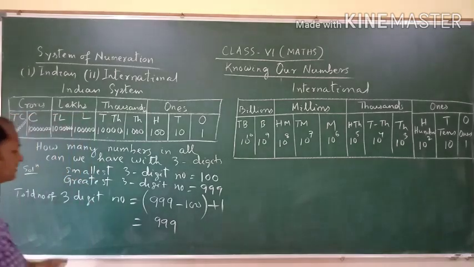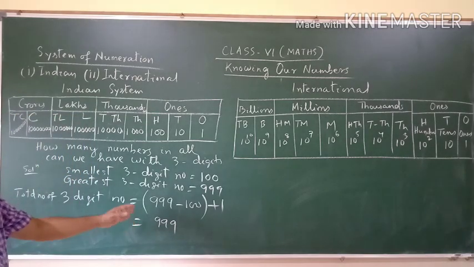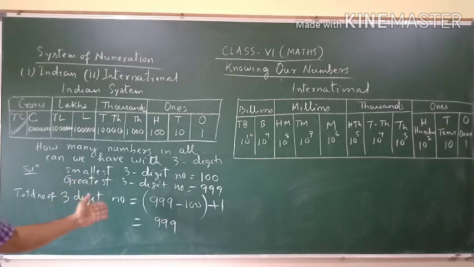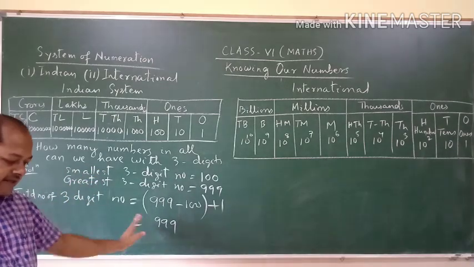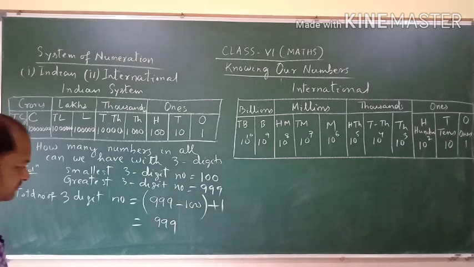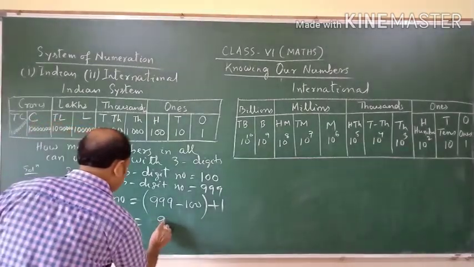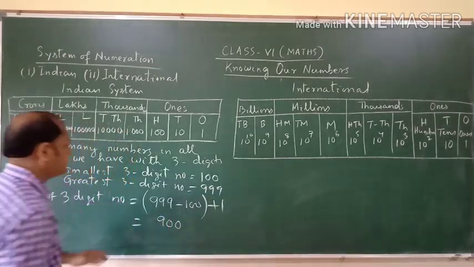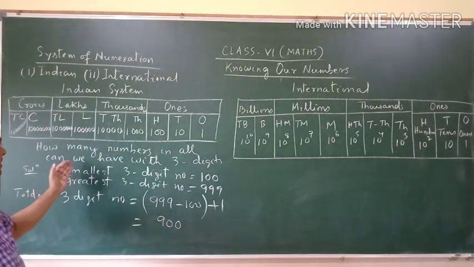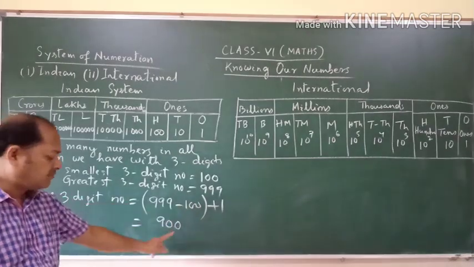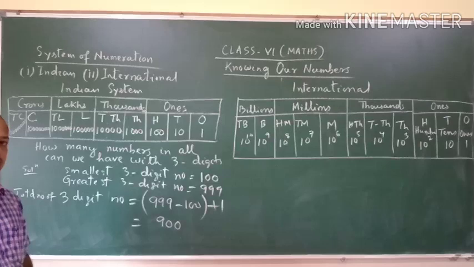So there are 999 three digit numbers. Sorry, the answer will be 900. The total number of 3 digit numbers is 900. 999 minus 100 plus 1 is 900. That is the solution.